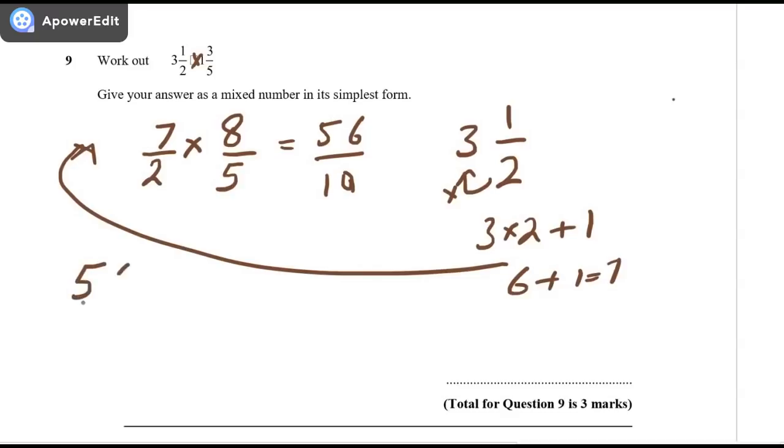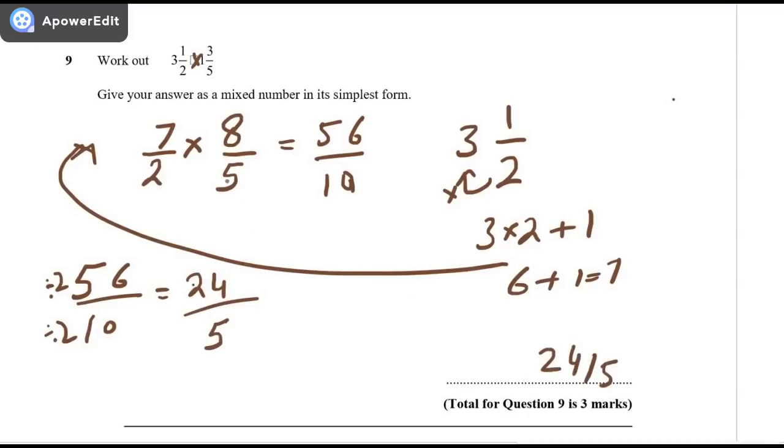So we can simplify, we can divide by 2, because both are in the 2 times table. So divide by 2 here, divide by 2 here. So this is going to be 28 over 5.